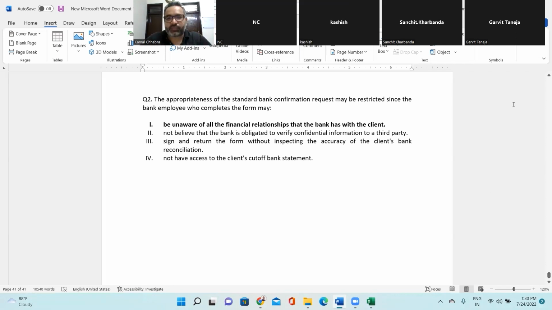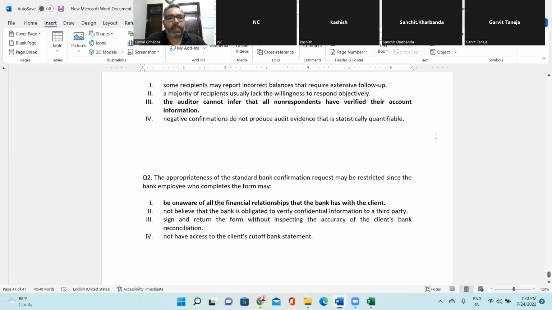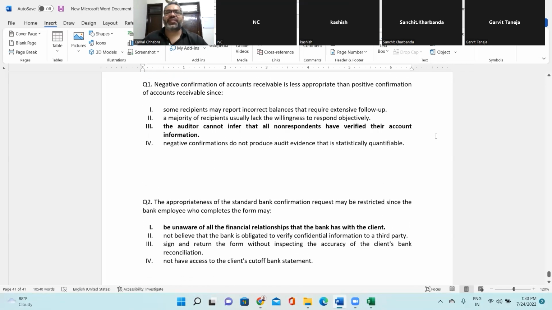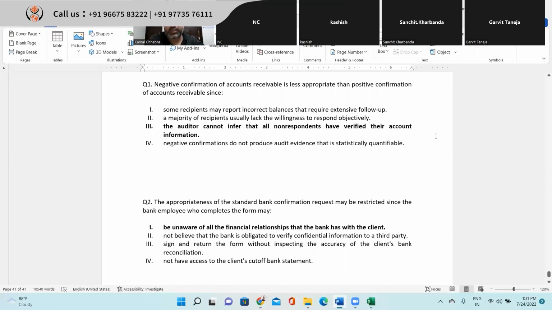एक बार फर्स्ट वाला भी समझा दो सर, वो क्लियर नहीं हुआ. Yeah, Nimisha, do you mind explaining this to Kashish? Negative confirmation of account receivable is less appropriate than the positive confirmation since the auditor cannot infer that all non-respondents have verified their account information.